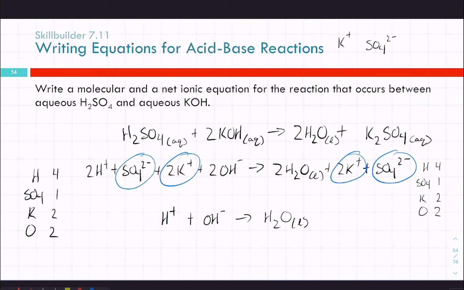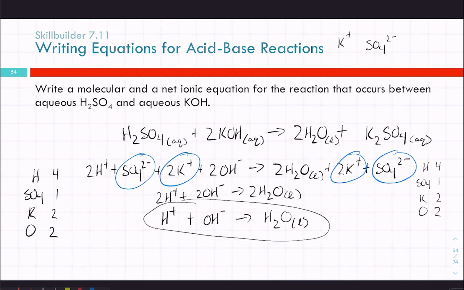And when we remove those from the reaction equation, that gives us the net ionic equation. 2H plus, or at least one step from it, because we can simplify this, because all of them have a coefficient of 2. So divide them all by 2. And we get that.